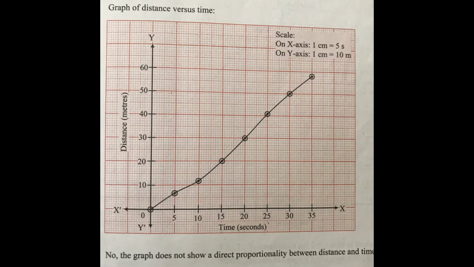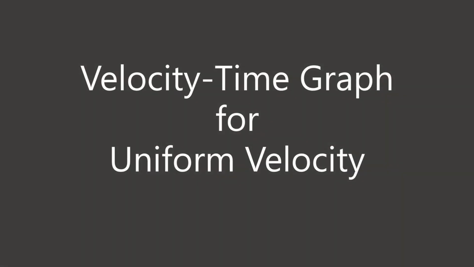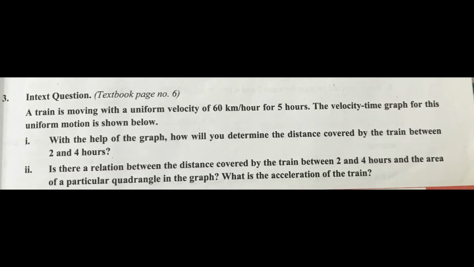Okay, now the next is the velocity-time graph for uniform velocity. A train is moving with a uniform velocity of 60 km per hour for 5 hours.